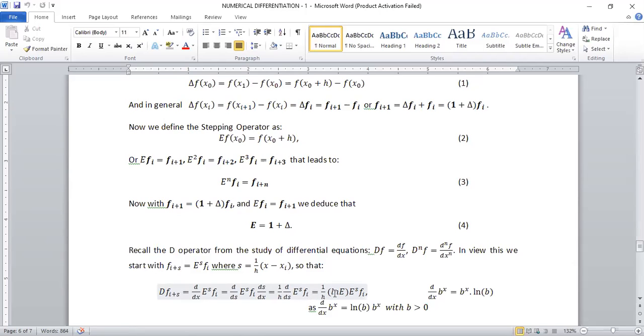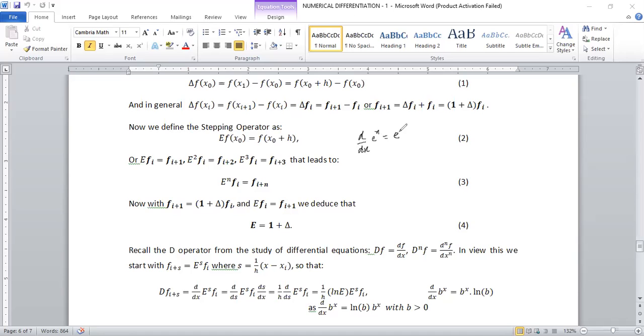Now, what is this? Why have I written in place of d by ds, ln E? I have written this as ln E into E raised to power s by taking d by dx of e power x.